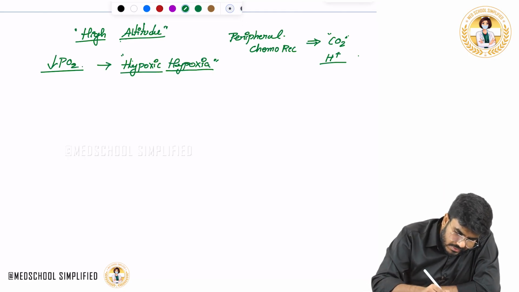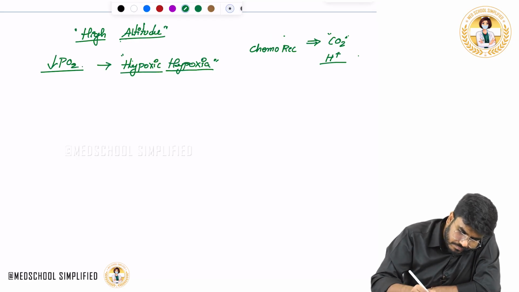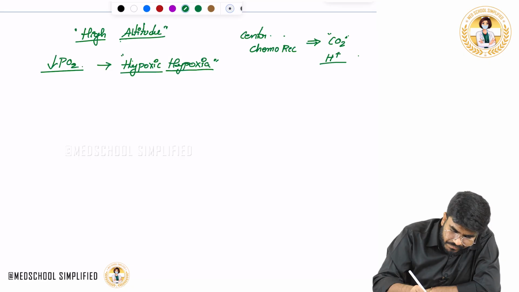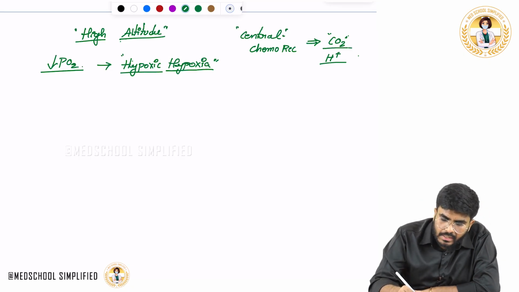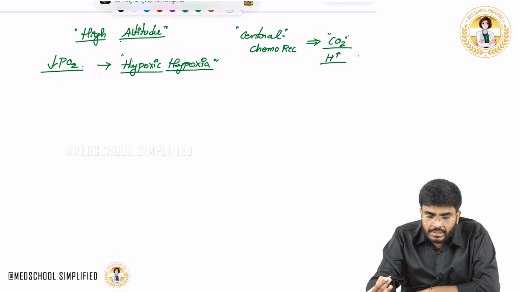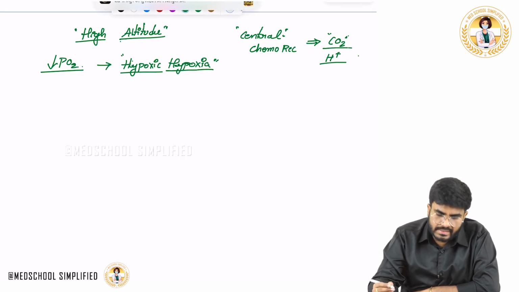Sorry, not peripheral, I want to make a change here, it's central. Please make a change. So central chemoreceptors are highly sensitive to the level of carbon dioxide and acids.